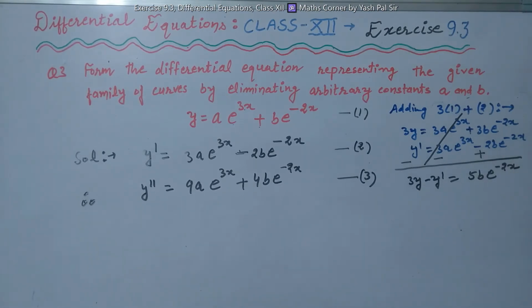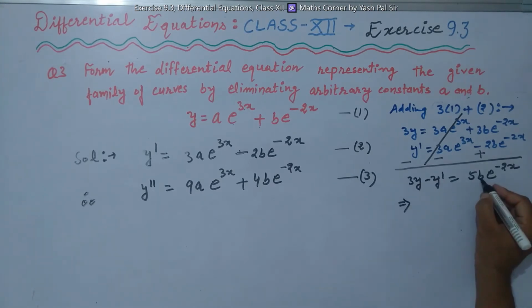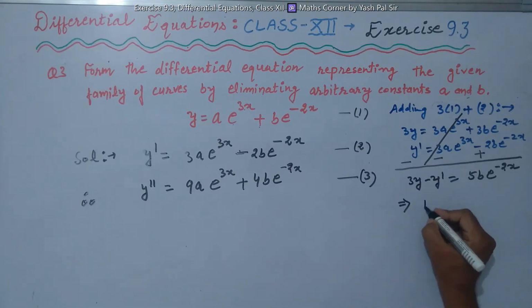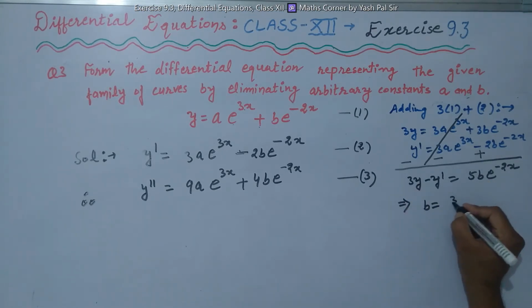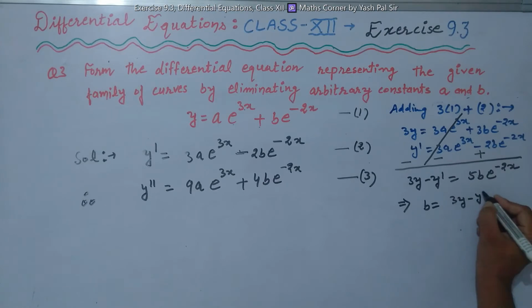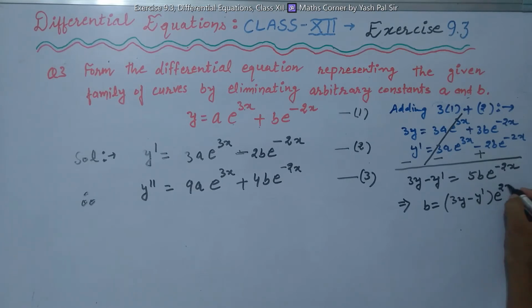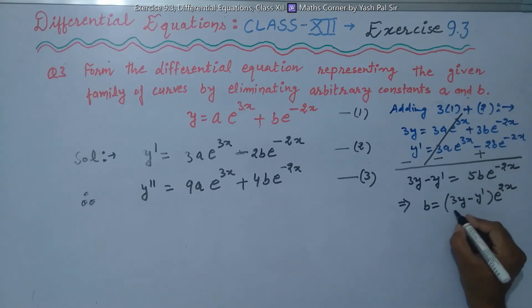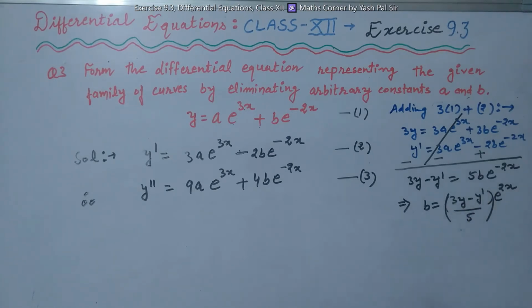So this implies the value of b is equal to 3y minus y dash upon e power minus 2x, or we can say e power 2x divided by 5. So this is the value of b we have obtained.